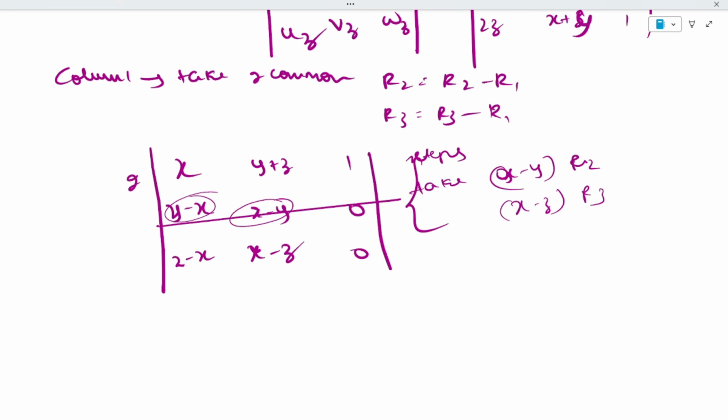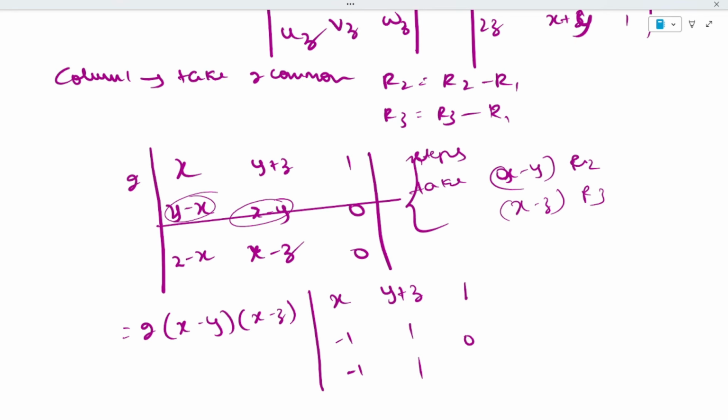If you take out that common, you will get 2 of x minus y, x minus z, into x will be remaining. Here it will be y plus z again. Here 1 will be as it is, minus 1, minus 1, 1, 1, and here it will be 0, 0. Now, this is the Jacobian.